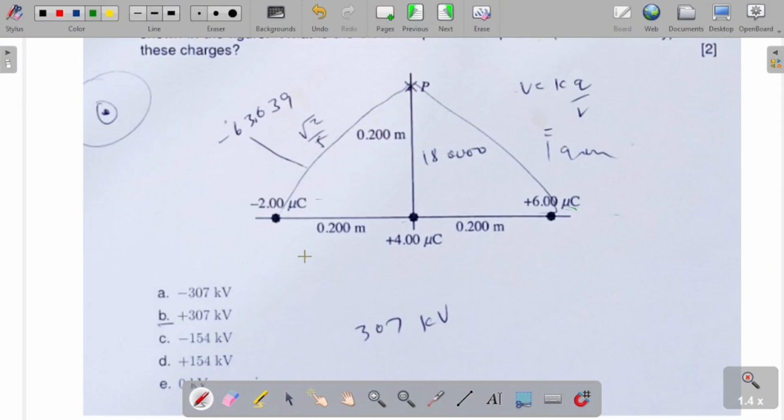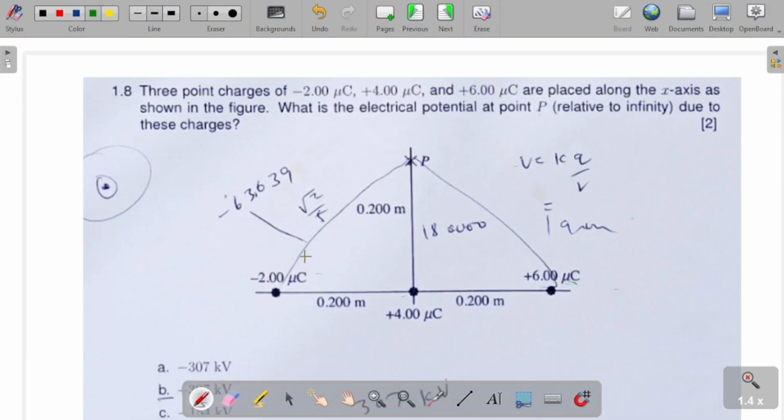We might have to redraw this diagram on the next page. I don't have space here. So cram this diagram. We have negative 2, 4, 4, and the distances are 0.2, 0.2, and 0.2. I'm going to work it out here.